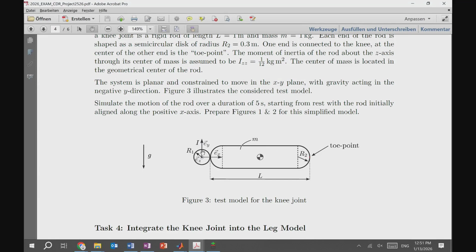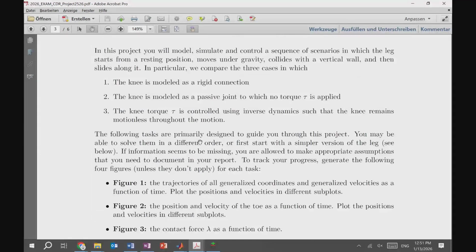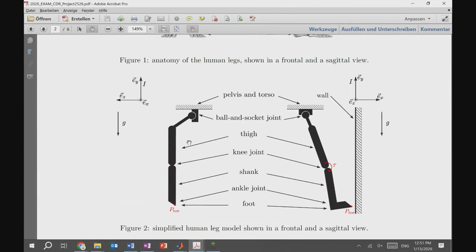Rolling without sliding. We have a rolling contact where we have a circular object with a flat ground, and here you will have to extend this to rolling without sliding between 2 circular objects. So there we need 2 new joints. That's something you will have to do within the project.